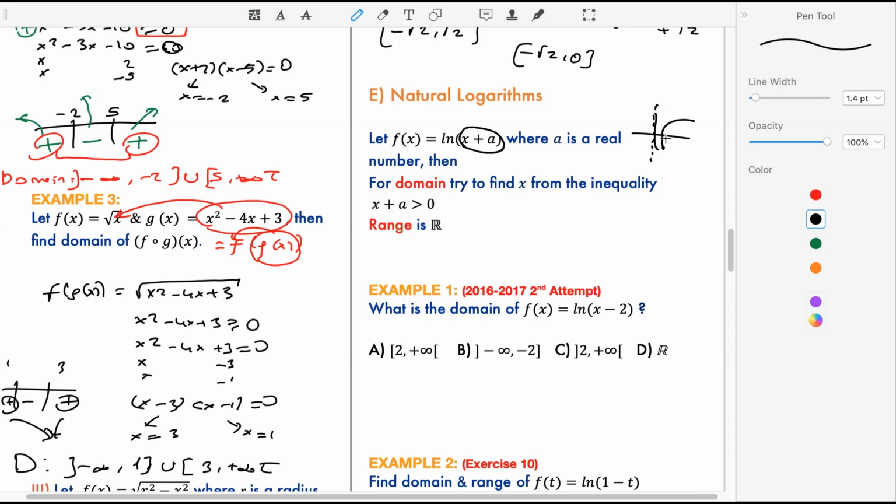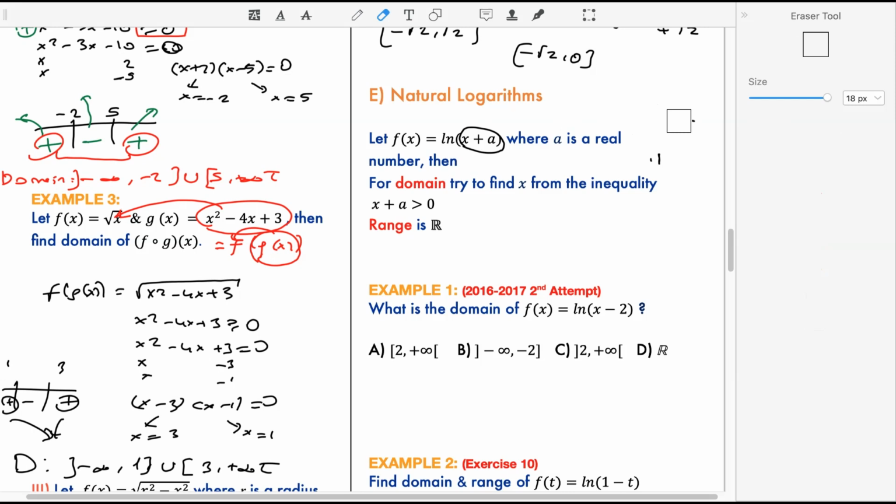The y-axis was the asymptote. It wasn't touching or crossing the y-axis, so we are writing greater than, not equal to. It's never equal to 0. And its range, since the graph is extending up and down in both directions, is all real numbers.